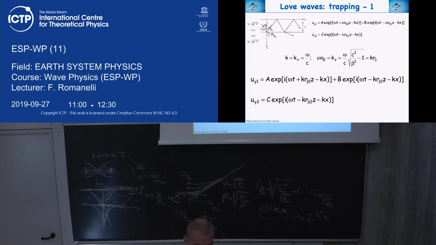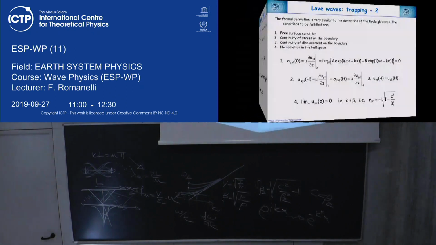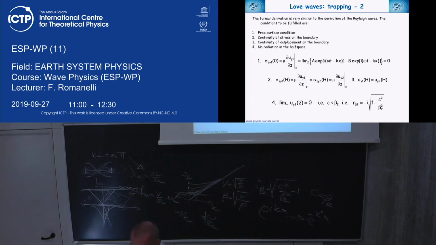It's Friday. What about the layer and the half space? Continuity of displacement and continuity of stress. So, actually, we have to deal with this. It's algebra, nothing more. Free surface, continuity of stress, continuity of displacement, no radiation in the half space. If radiation, lost.